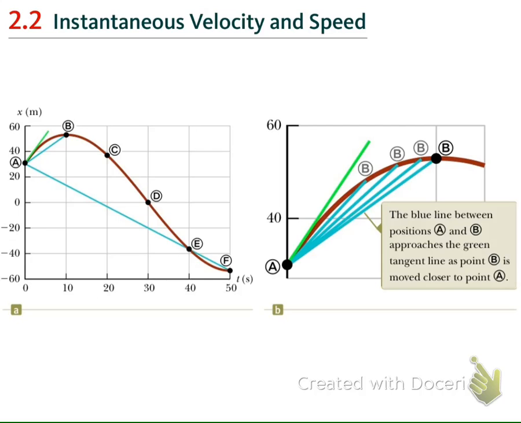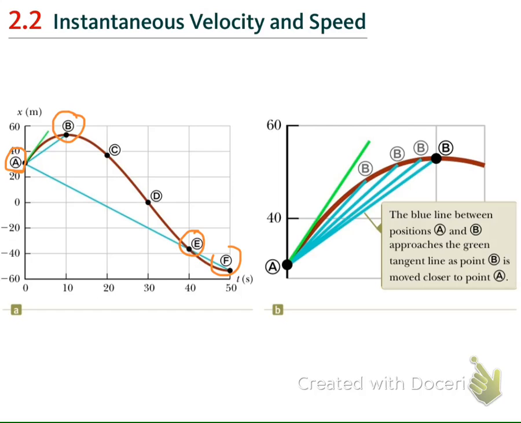You can calculate the average velocity between any time interval. For example, you can calculate the average velocity between A and E, or A and F, and also between A and B, using the formula we already discussed.